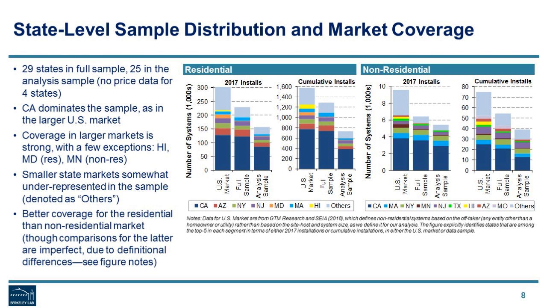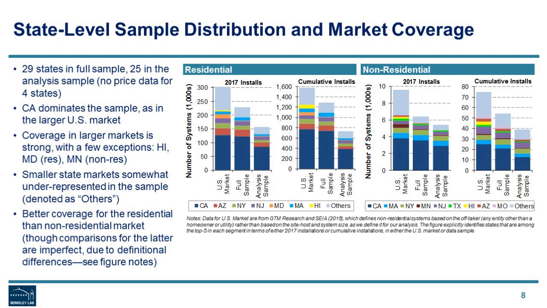The second thing to note here is what we've called out specifically, the largest individual state markets, and you can see that in general our full sample has pretty good coverage among those larger state markets. There are a few exceptions: Hawaii, Maryland, and Minnesota principally.